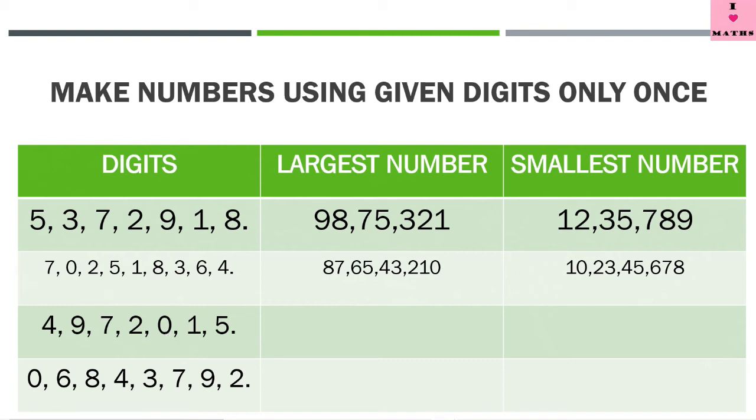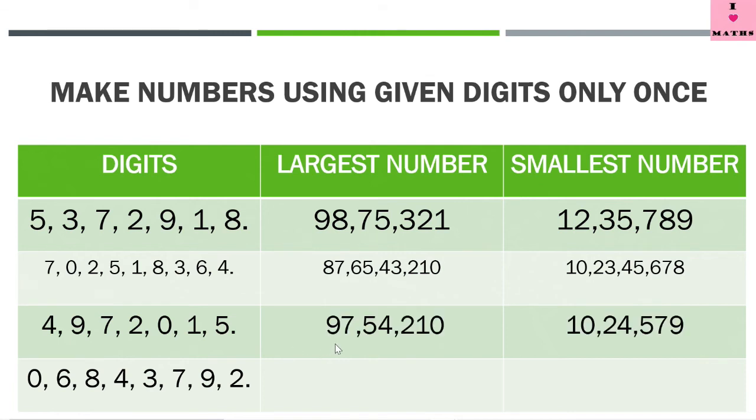But for the smallest number, we must not start from 0. So from where are we going to start? We are going to start from 1. We will write it 1, 0, 2, 4, 5, 7 and 9. Okay, let us see.